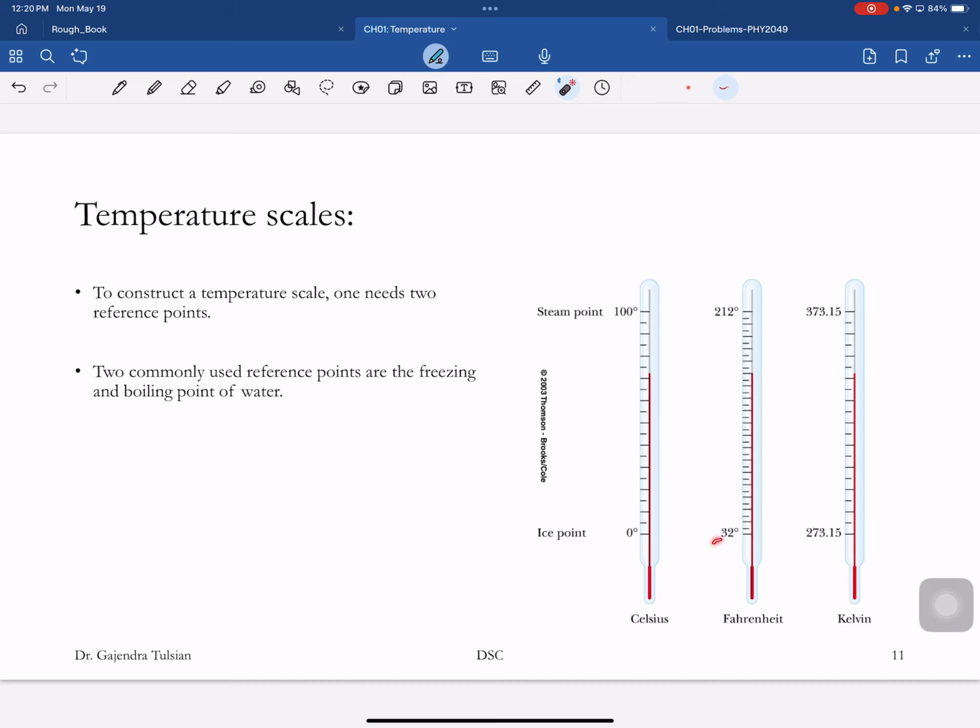These guys call this 32 degrees Fahrenheit, 212 degrees Fahrenheit. See, between these two temperatures, there's 180 degrees. So this is a finer scale than this. The Kelvin guys call this 273 and 373.